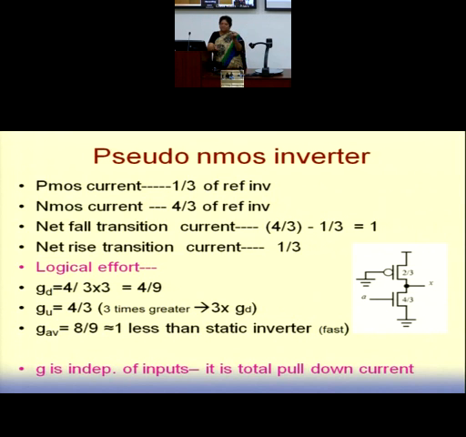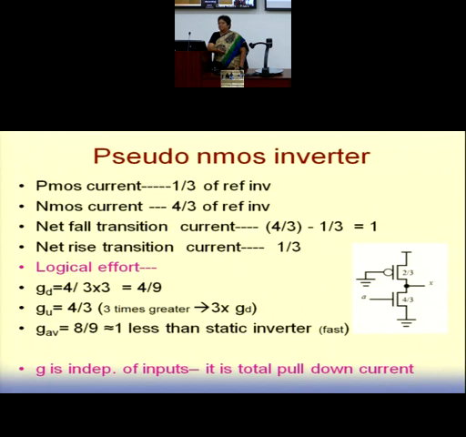Yes, because the C for PMOS is not coming at all, whereas it is coming in the case of a static CMOS inverter. So that extra loading is missing, and G becomes less for down transitions.